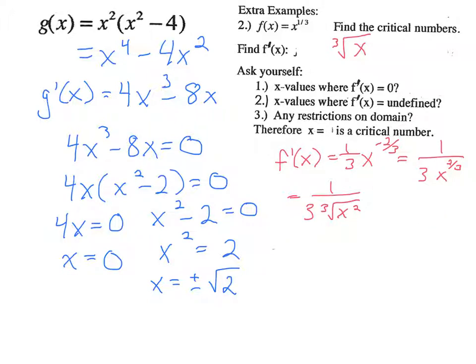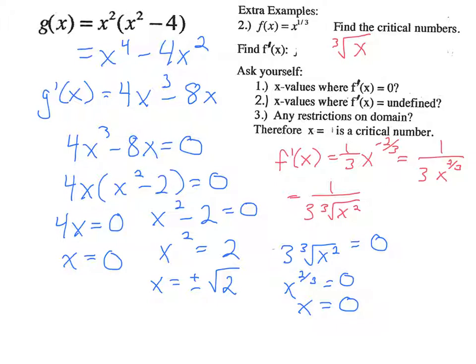However, I think that this derivative will be undefined at some certain x values, because if the denominator equals 0, then the derivative is undefined. So I am going to take my denominator and set it equal to 0. And I know that x to the 2/3 equals 0 when x equals 0.